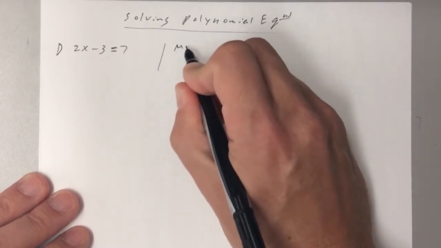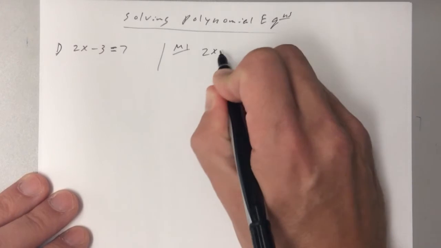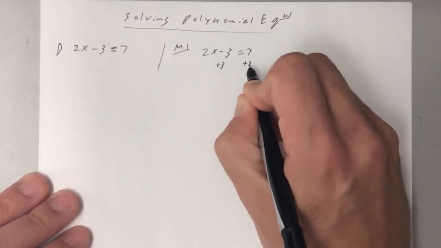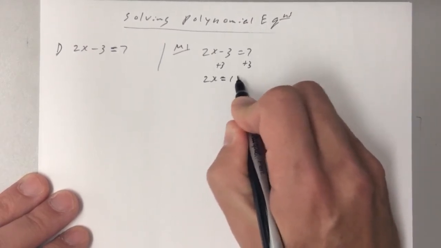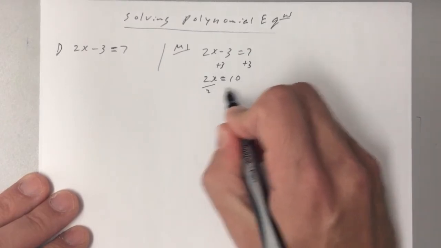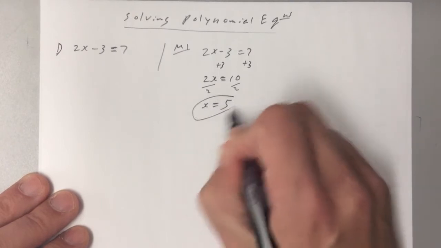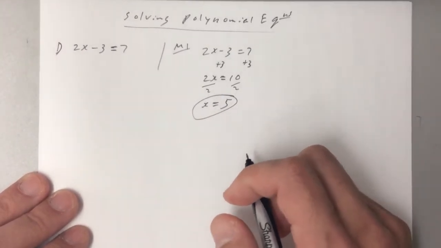We'll call this method 1. So we add 3 to both sides: 2x minus 3 equals 7, plus 3, plus 3. And we get 2x equals 10. Then you divide both sides by 2 and you get x equal to 5. Fairly straightforward stuff. So that's how you'd solve that equation.